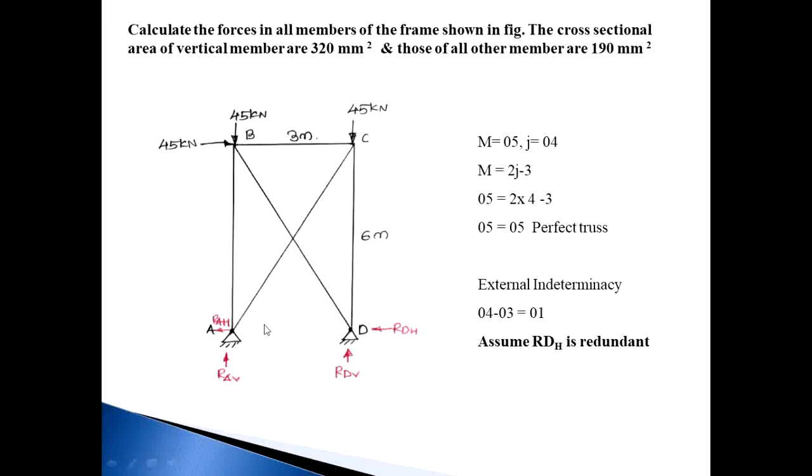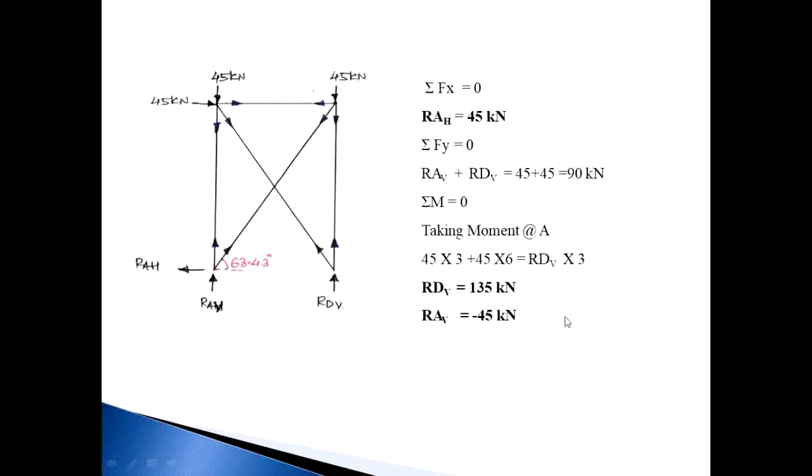Then the structure will be determinate. So let us remove RDH, or assume that RDH is a redundant force. After removing RDH, only one reaction is present at D, that is RDV. At point A there are RAH and RAV. And our remaining truss is already a perfect truss, so we can easily solve it.